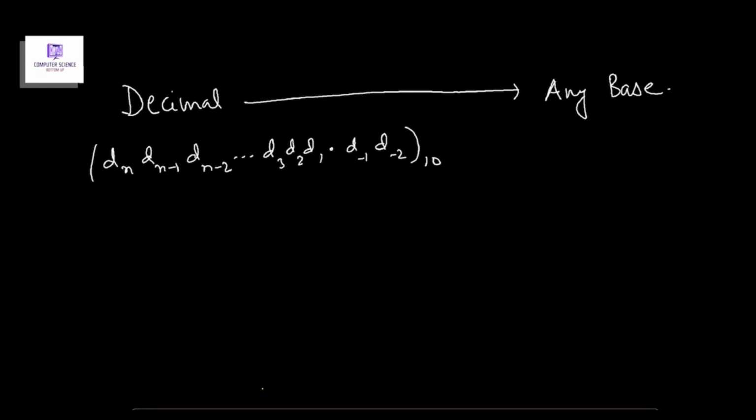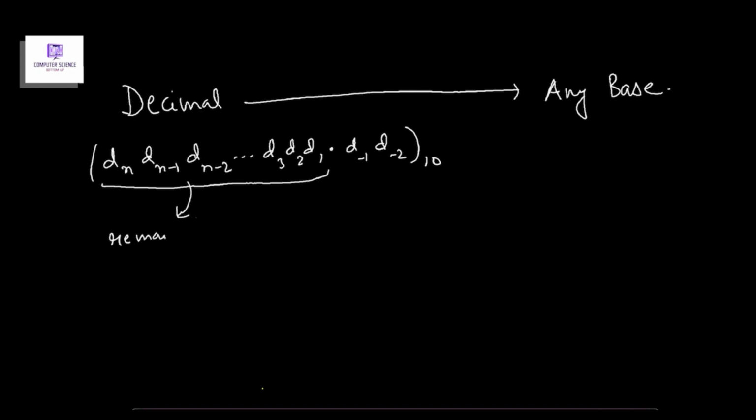Okay, in the last video when the fractional part was not in the picture, how did you get the equivalent in the other base for the integer part of the decimal? For this portion, what did we do?